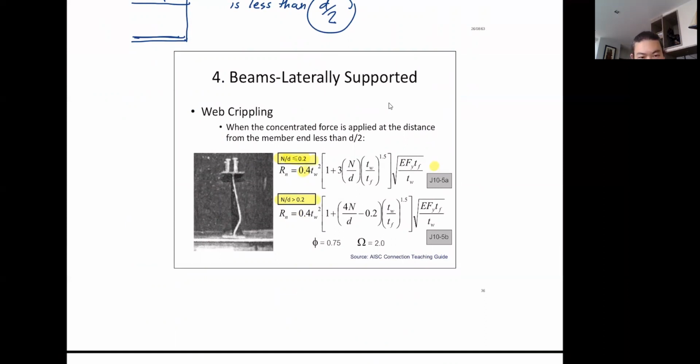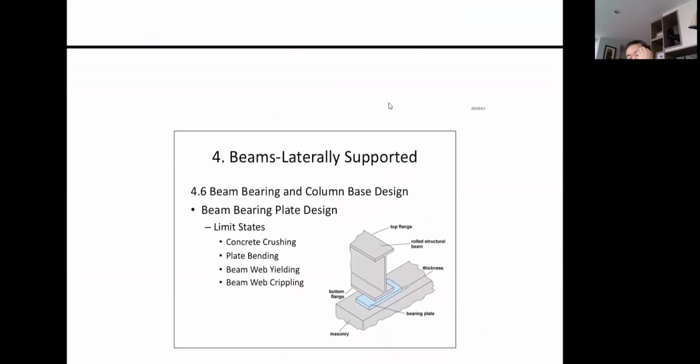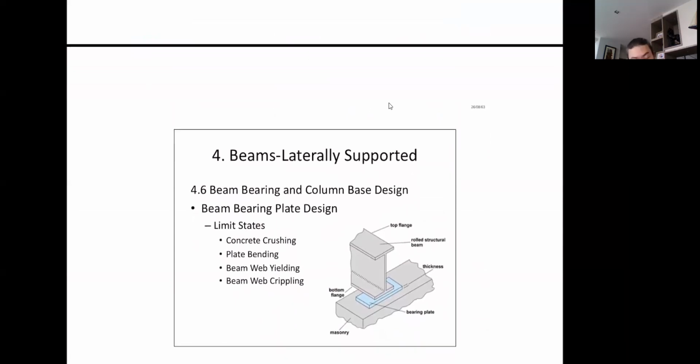So whenever you have a point load or concentrated load on your beam, these are two additional failure modes that you must check. Now we move on to another issue, because I mentioned that the beam can be put on the concrete, and we always have to connect the steel structure to the concrete somewhere, somehow. So the steel has to be connected to concrete.